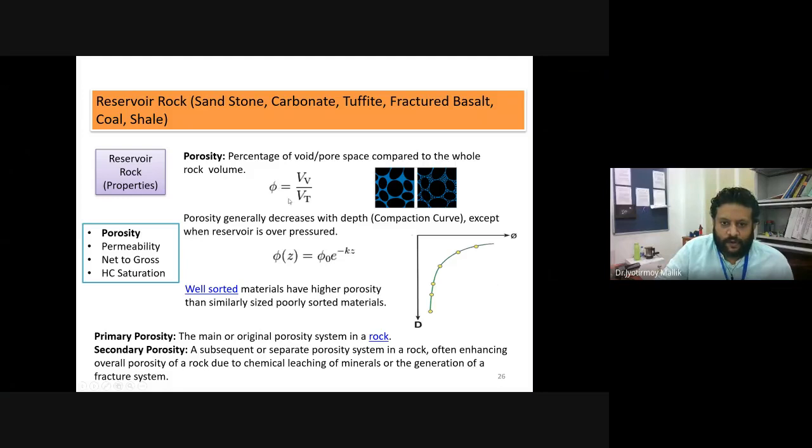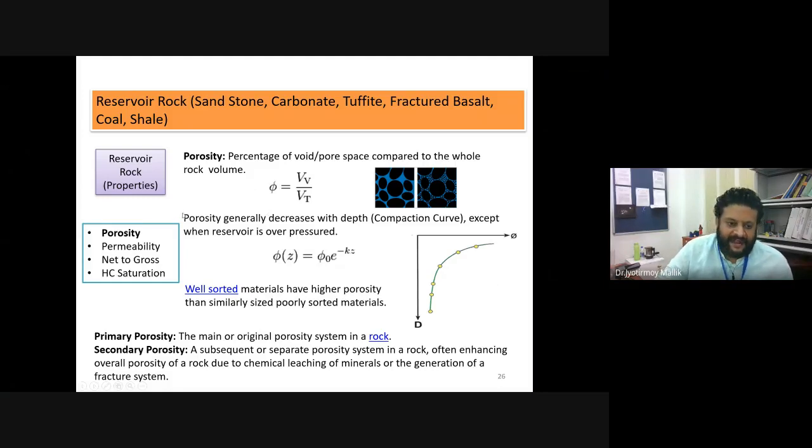If the total volume is Vt and the volume of the pore space, so this is the pore space, these are the grains, and as you can see, there is space. This blue colored area indicates the space between two grains. If you calculate the volume of the void space and then divide by the total volume of the rock, then I will get a number which is porosity.